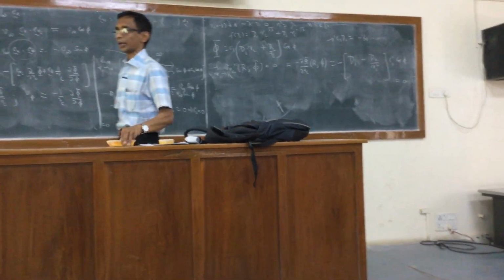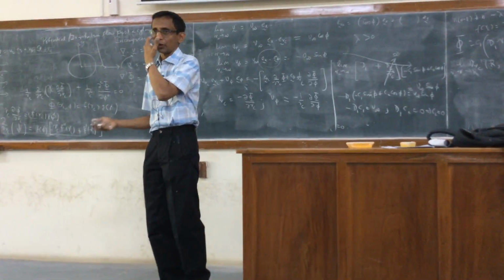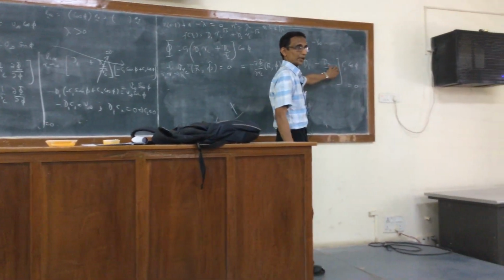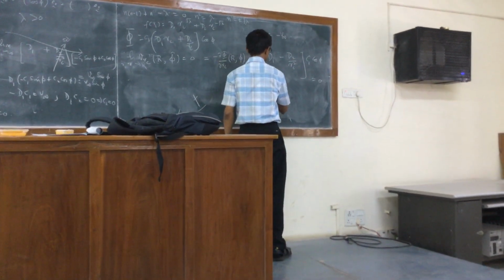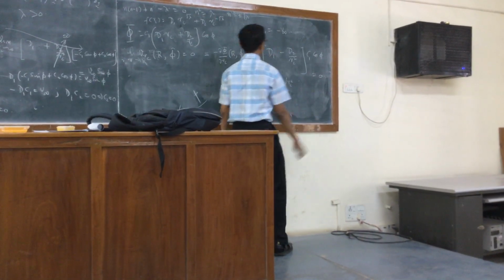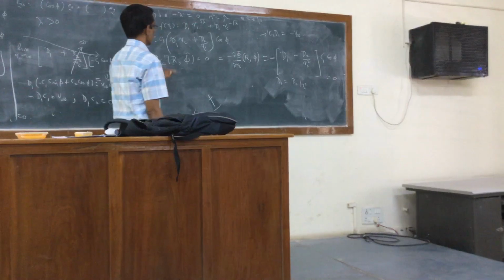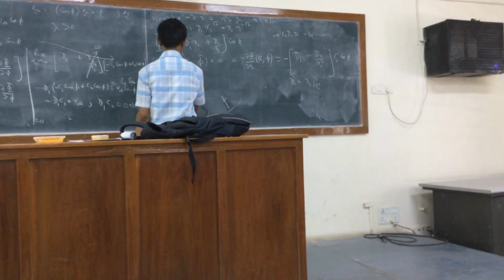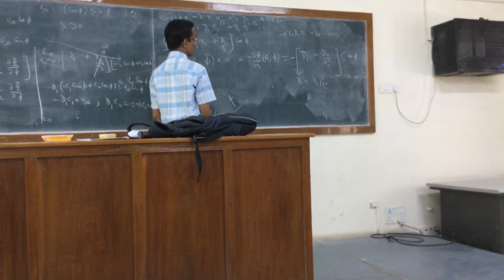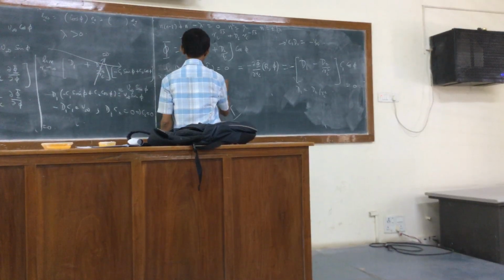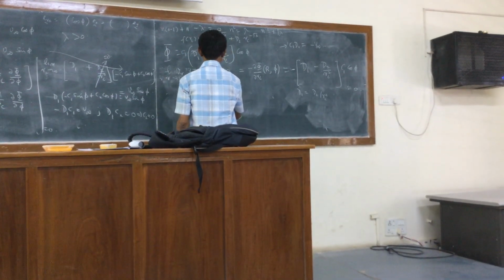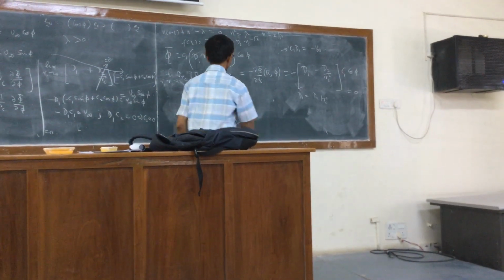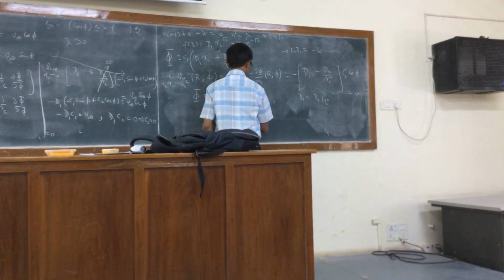Because C1 cannot be 0. Cos phi is 0 at some point, but it's not identically 0, right? So this has to vanish for all values of phi. So I get that D1 is actually equal to D2 by R_c squared. So when I substitute that, I get phi is equal to C1 times D1 R_c plus D2 by R_c.